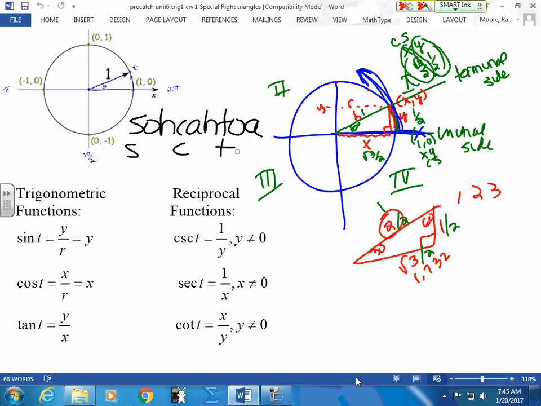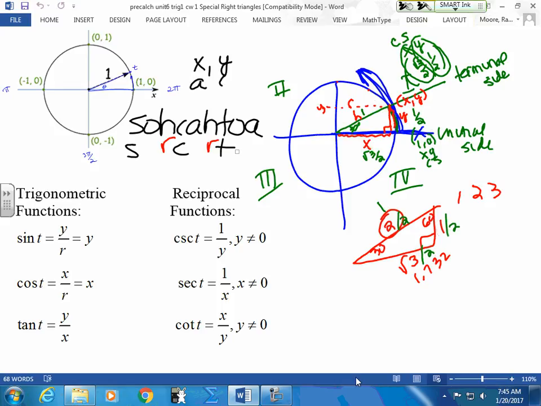On my unit circle, what represents my hypotenuse? R, my radius. On my unit circle, I've got an X and a Y, and what letters do I have left? O and A. What comes first in the alphabet?